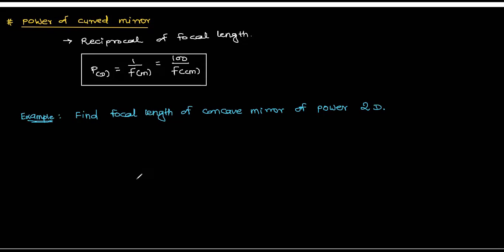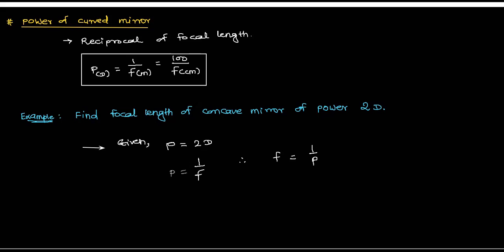How to solve? What is given in this problem? Given is P, that is power, 2 diopter. Is it in SI? Yes, it is in SI. No need to convert. So here P is equal to 1 by F. Therefore F is equal to 1 by P.